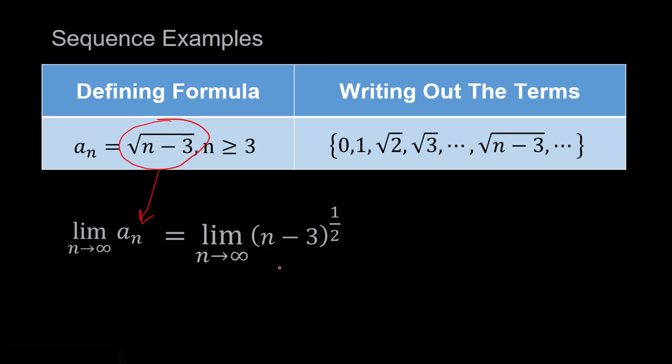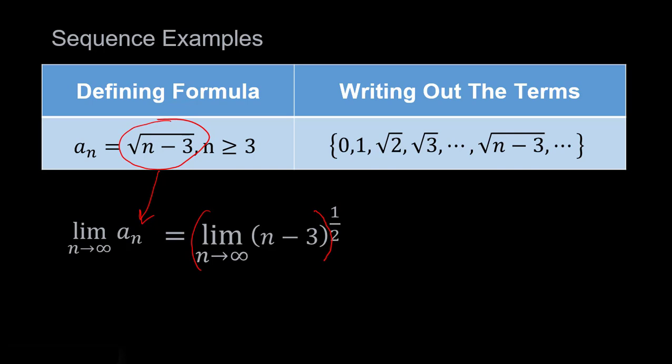Doing that, we end up with this, and I just made it to the 1/2 to make this a little easier, because what we can do with this is apply one of the limit laws that says that we can take this limit here, find this limit, and take it to the 1/2 power. The limit laws allow us to put those parentheses there.